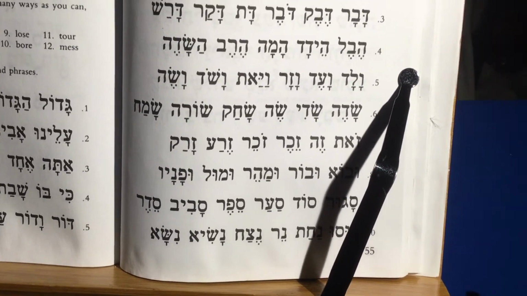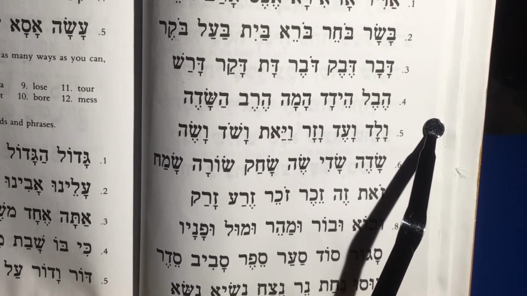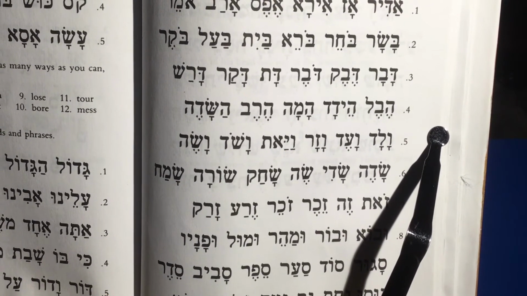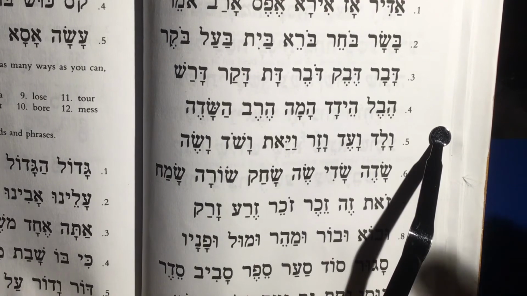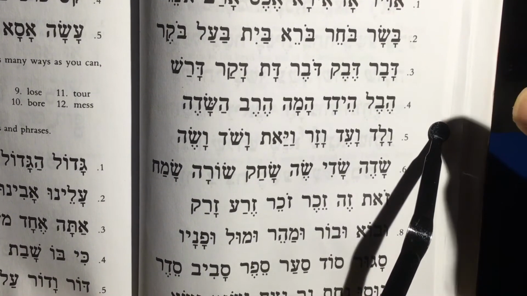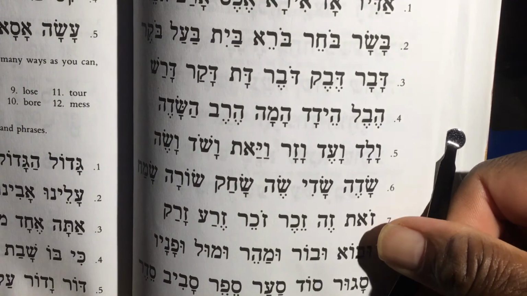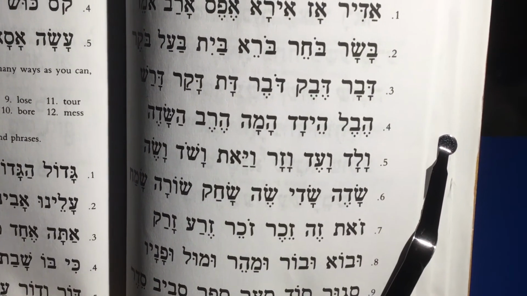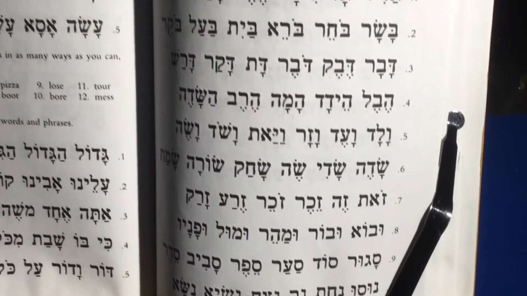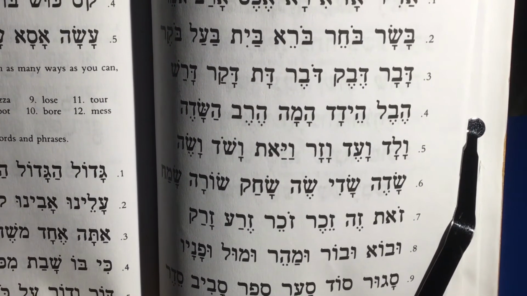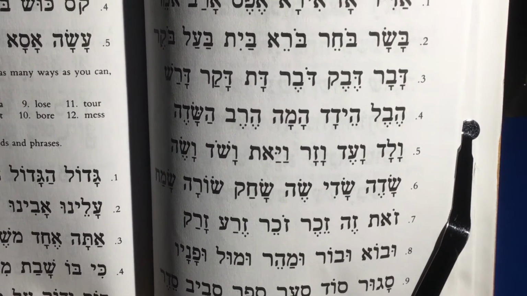We are on the 6th, but I want to get this thing out of the way here. It kind of messed it up a little bit, but I think that's good right there. Okay, so now we are on line 6, which is shesh.